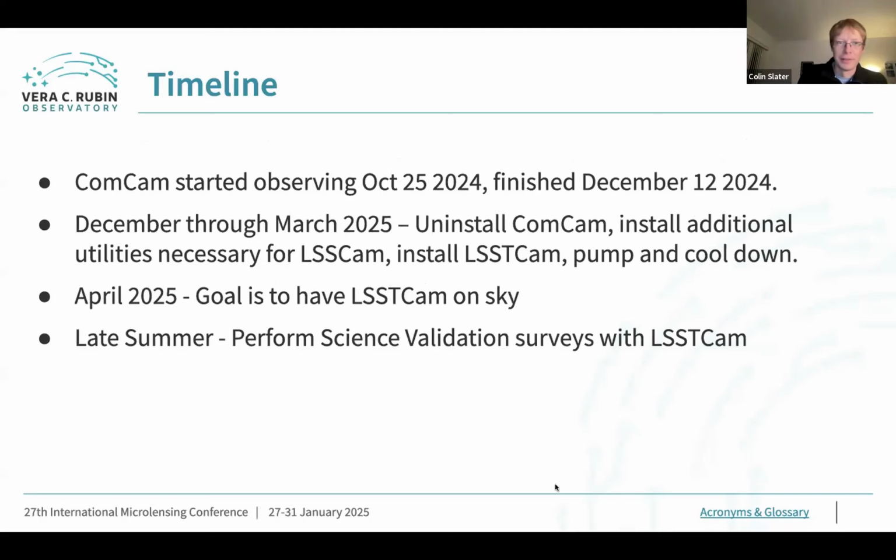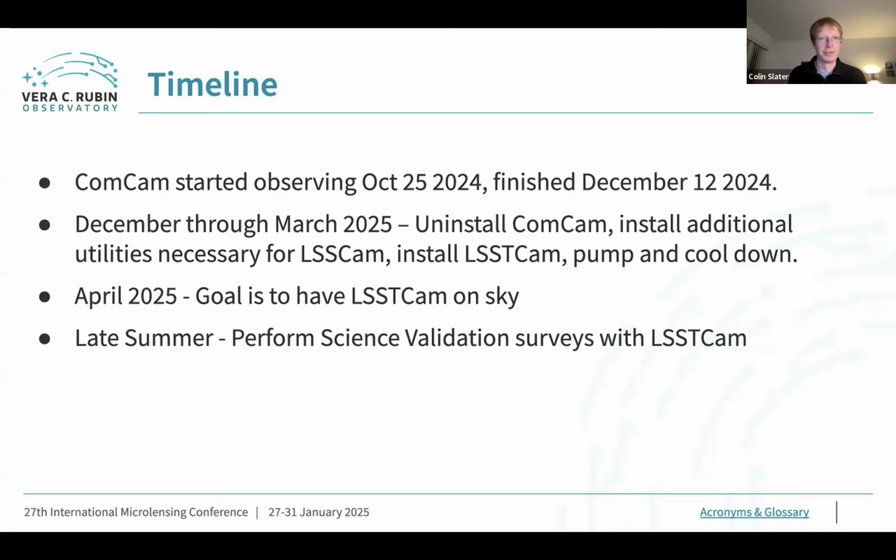Just to move into a bit of the timeline looking forward. ComCam observed in October, November, December, and then was taken off the telescope in order to start doing all the mechanical work required to switch from one instrument to the other.